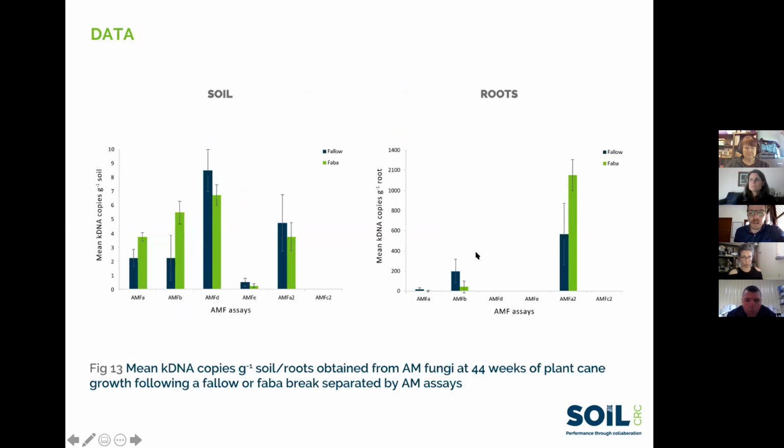When we analyze roots concomitantly, the dominant group of fungi in the soil is not detected in the roots whatsoever. So we don't care about this group of fungi. It's essentially latent, meaning that it's lying in wait for a compatible host, but it's not yet active.